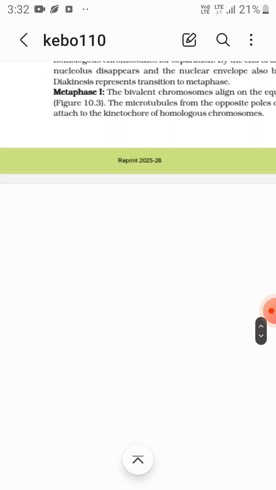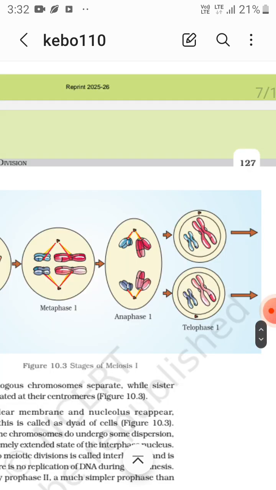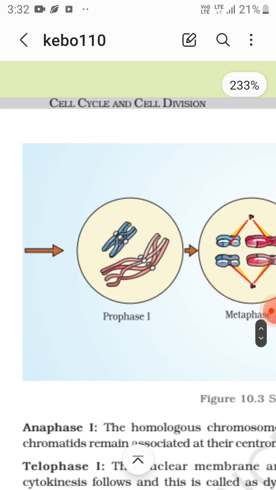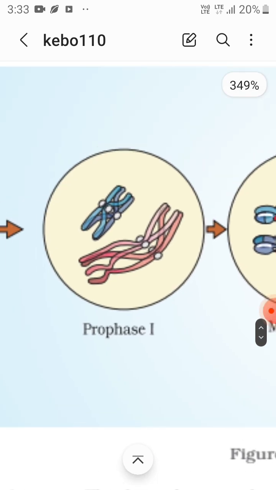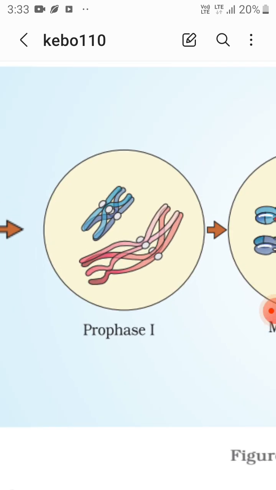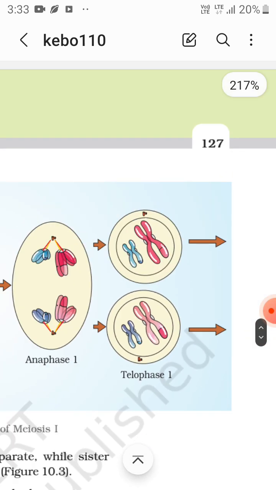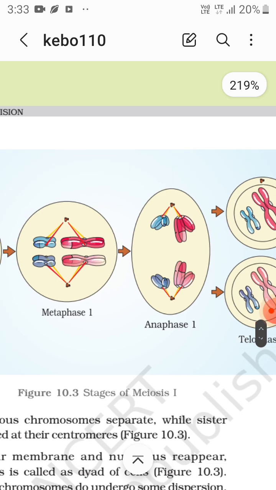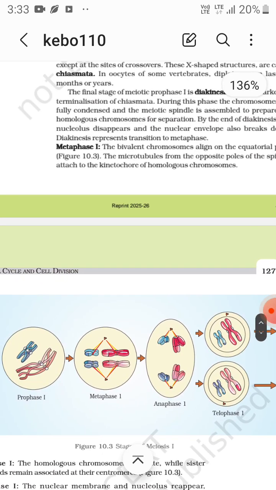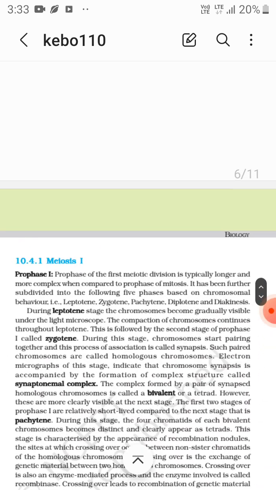Just remember this diagram. This diagram is very important. Just remember that there are 8 chromatids. Now they get 4 chromatids in each daughter cell, so it gets reduced.